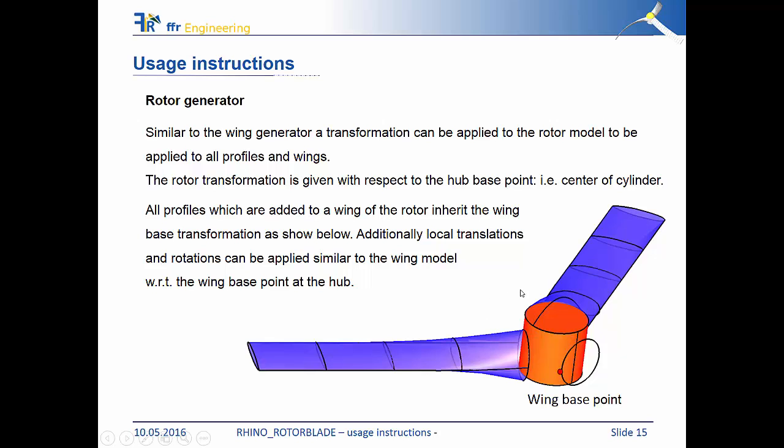That gives us the flexibility to play around with these transformations. So on the generation of the rotor, you can apply some transformation to the rotor itself. You can bring the entire rotor into a different coordinate system, but also you can play around with the wings themselves, as you have seen before.